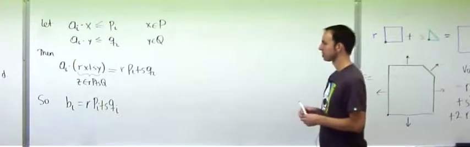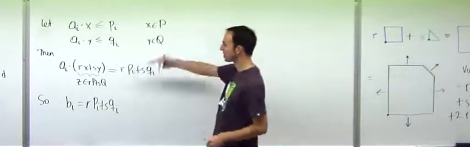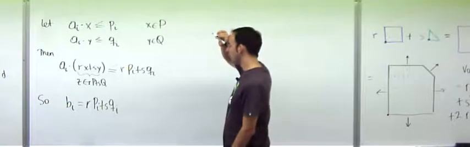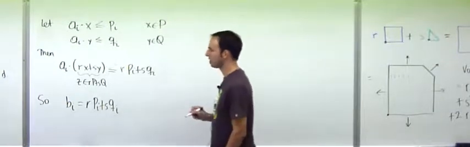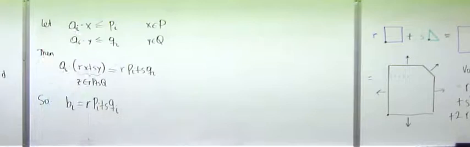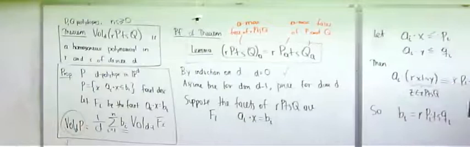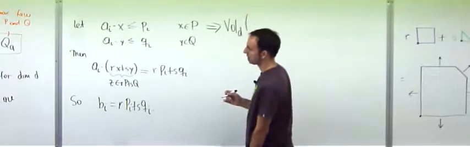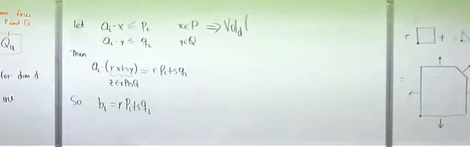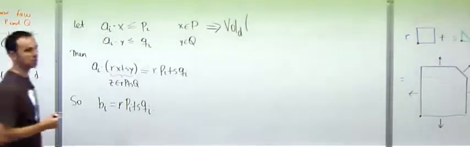These things are always easier if you just look at the picture instead of looking at the symbols. But anyway, so that's b_i. And why do I need b_i? Well, because I'm trying to compute my volume, and I need the b_i's. The volume in the dimension of P. Okay, but in this case, we're not applying this formula for P, we're applying it for this polytope rP + sQ.